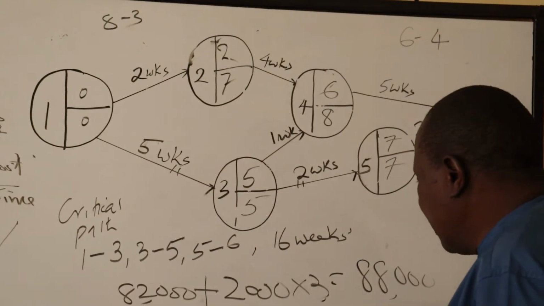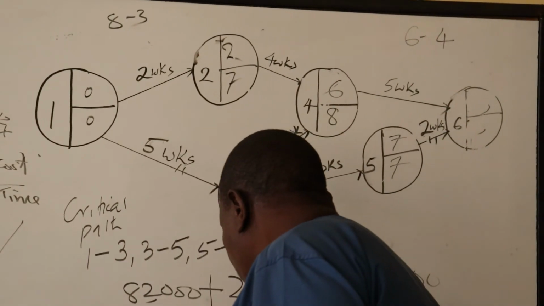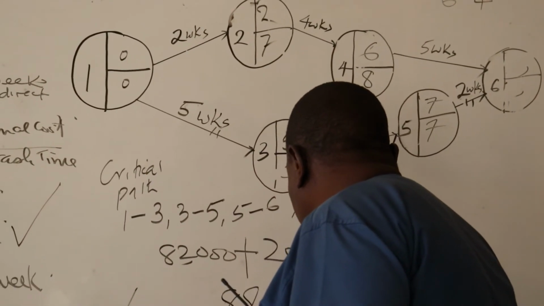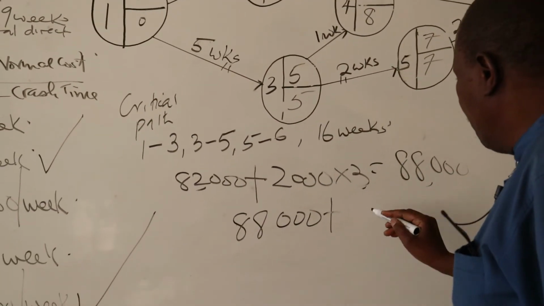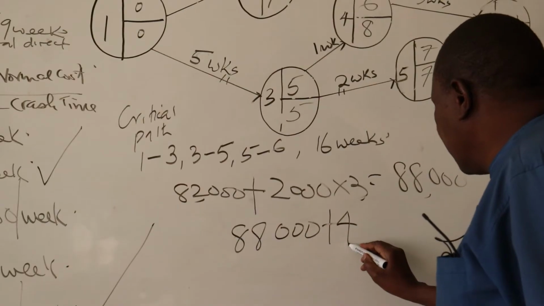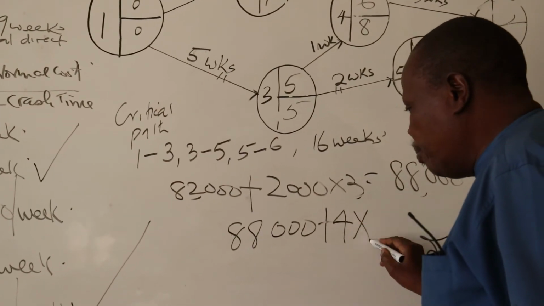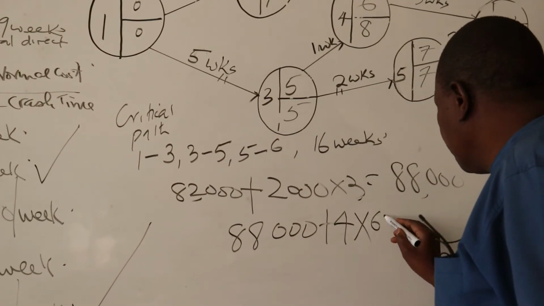Before we draw another network, let us establish the total direct cost, 88,000 plus the weeks which are available for crushing, that is 4, and crushing per week is 6,000.